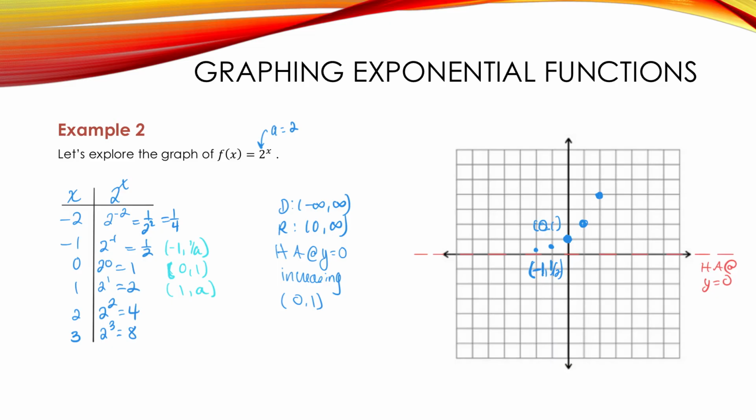And if we were to connect our dots here, it would get really close to that line. It would come up through these, and that one would go up and hit 8 and keep on going. And our graph would look like this. Let's make sure we do our 1, 2 here so we can see that one as well. So we can see that we have lots of points that we can put on our graph.